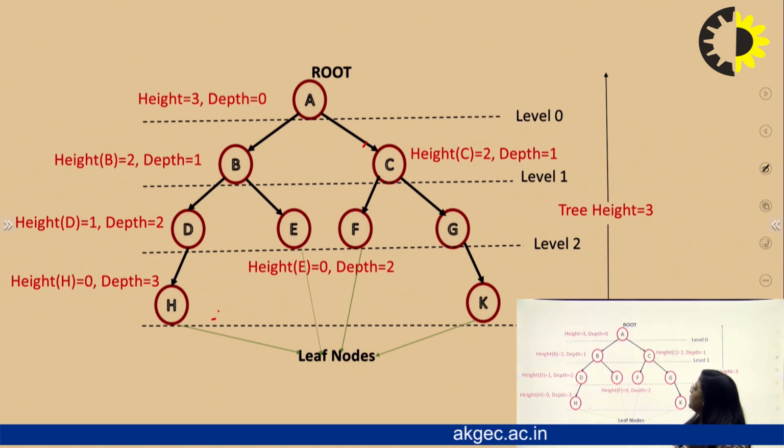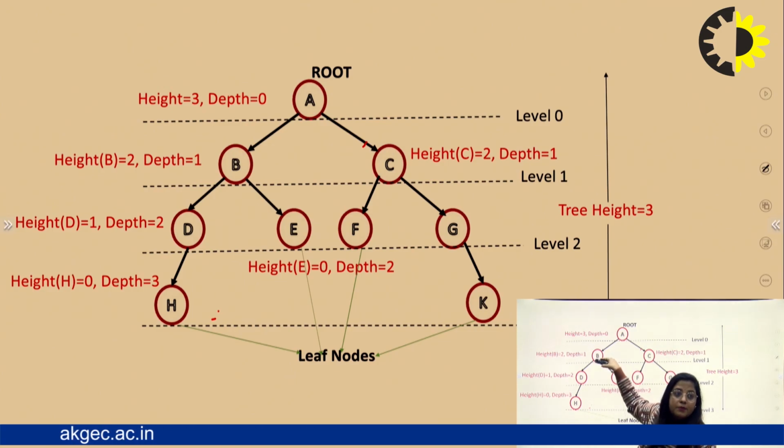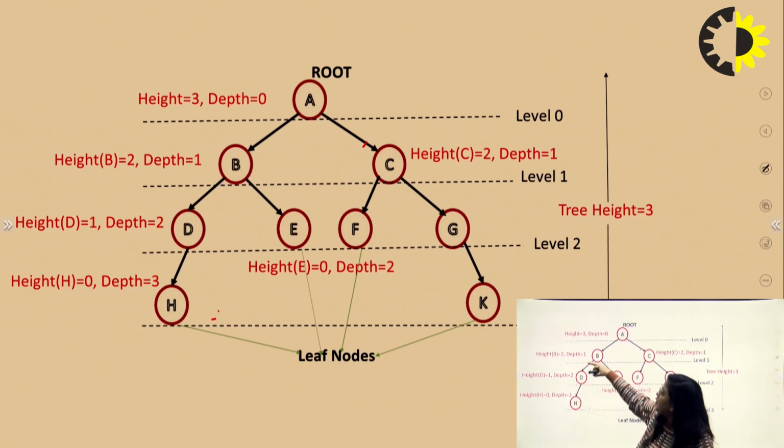In this way we can easily find the depth or height of any node. Let's suppose we take the second one, B. For B we check the height going down: the height is 2, and the depth is 1. The depth of node B is 1 and the height of this node is 2.